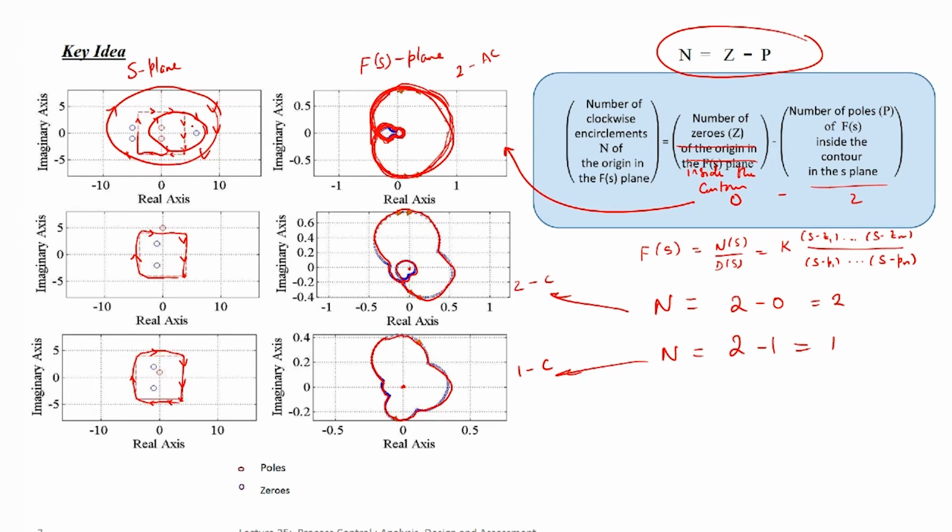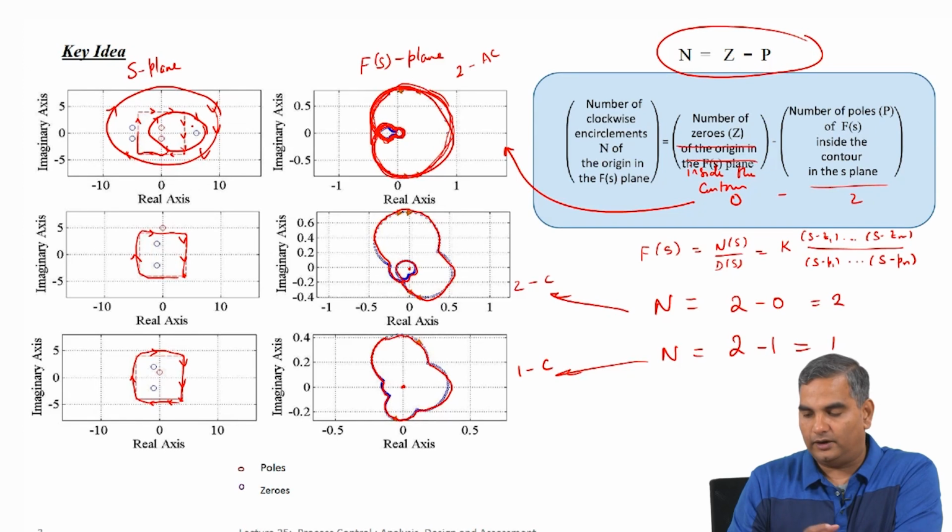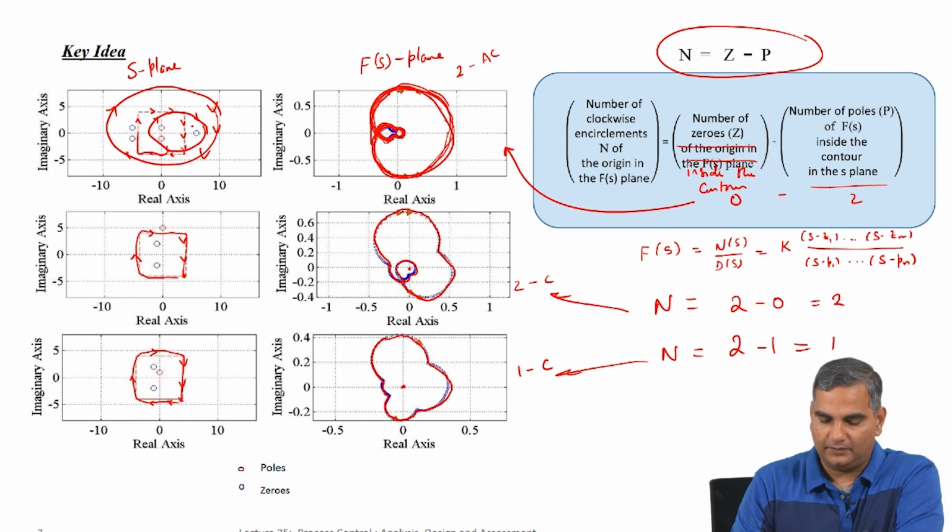Okay. So with this idea of contour mapping between the s plane and the f of s plane, hopefully you have an idea of these pictures. Why this happens is something that I have not said, and I am not going to, because that would require a lot more complex variable analysis, which is not really required at this time for undergrad control.